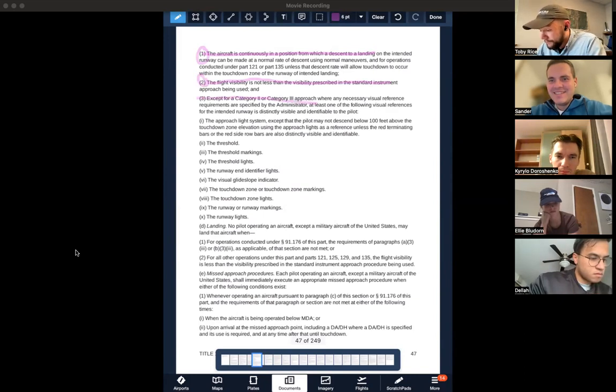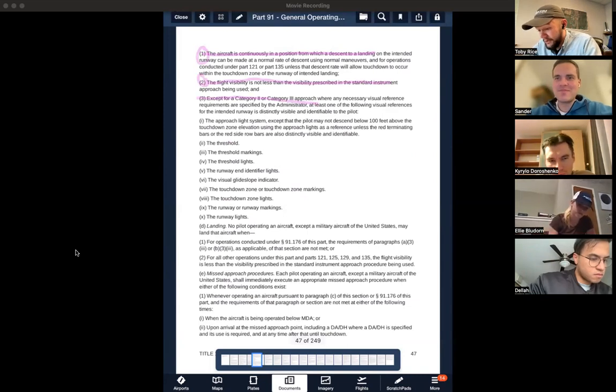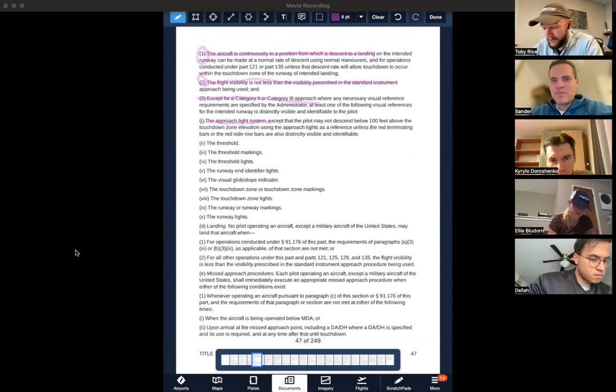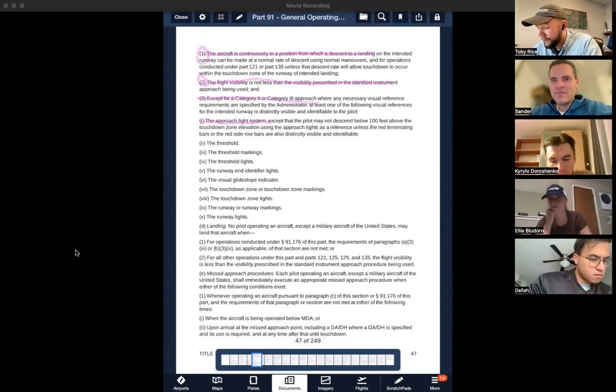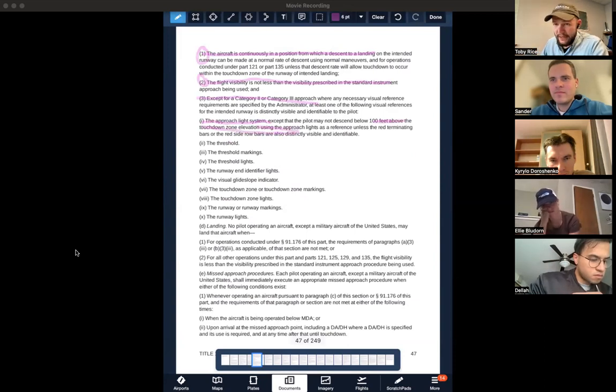It says here, you have to be able to have either the approach light system in sight, in which case, if you see the approach light system, you can descend down to 100 feet above the touchdown zone elevation. But you can't go any lower than that until you see the red terminating bars or any of these items here. I'm not going to list all of them, but it's basically the runway or the lights or markings and things like that. So there are several things you have to be able to see.